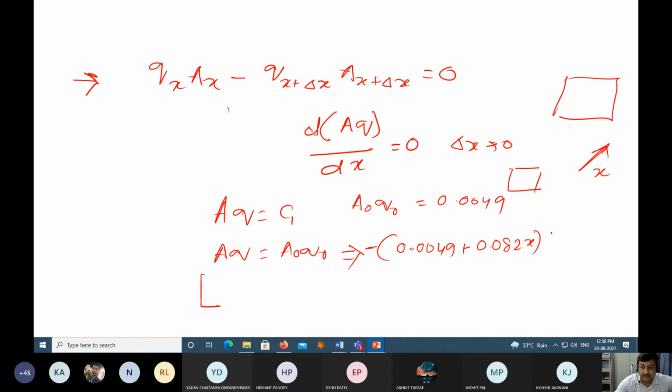Conduction, right? Q is K into dT by dx, and that is equal to what? 0.0049 Q0. Is it correct? Have you got it?